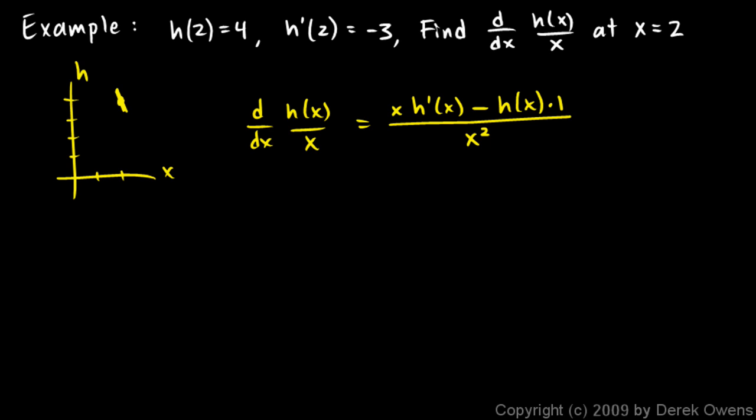Now I can put in numbers here. I'm told to find this derivative at x equals 2. So I can put in 2 for x here, and h prime of x will be h prime of 2, and I'm given that, and h of x here will be h of 2, and I'm given that.